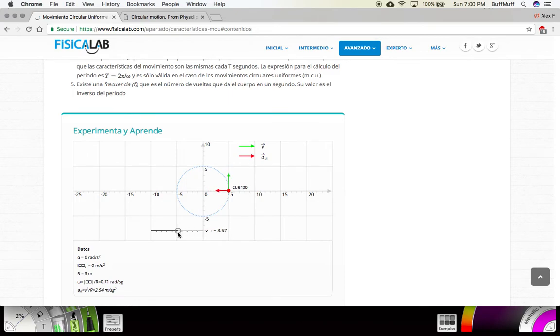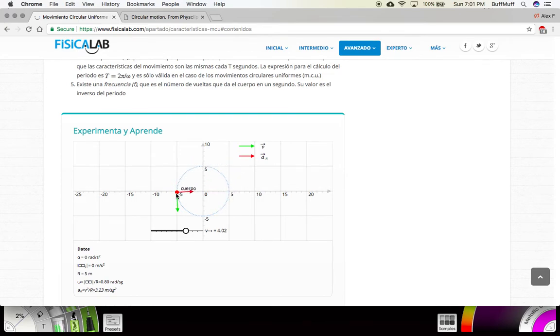Remember that the length of the arrow implies the magnitude of the vector. So let's say a 4. As the particle moves along this path, this is the velocity vector that it has. At any given moment, the velocity vector is tangential to the path.